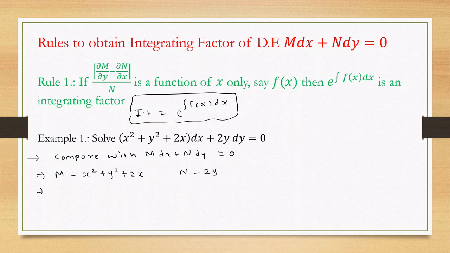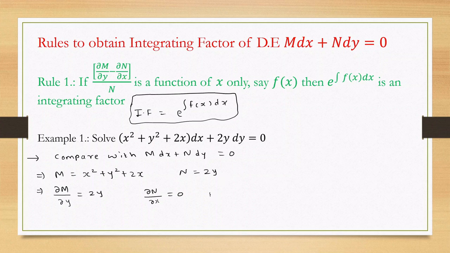So check whether this is exact or not. dou M by dou y is only 2y, because the other terms are free from y, so their derivative is 0, and the derivative of y square with respect to y is 2y. And dou N by dou x is directly 0 because it is free from x.